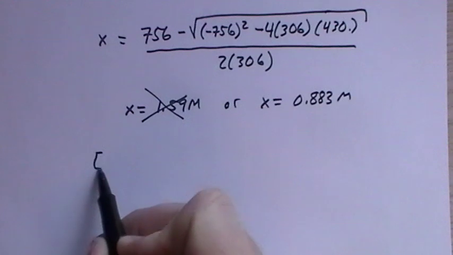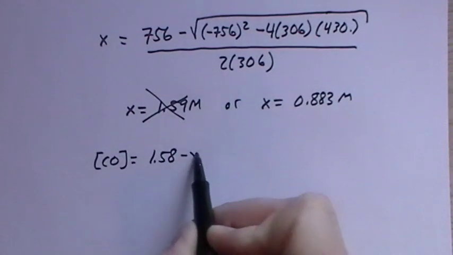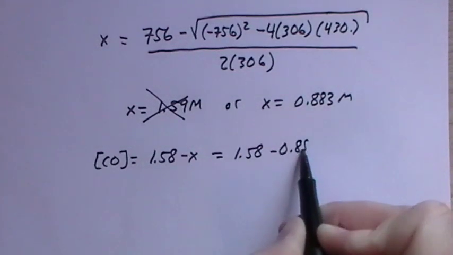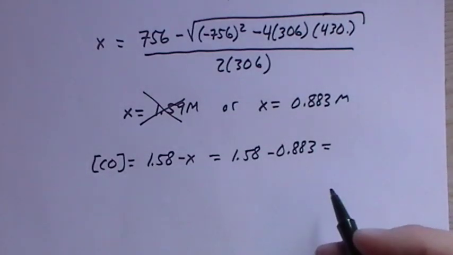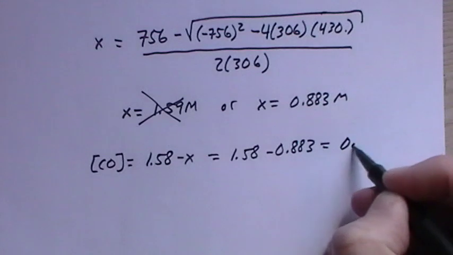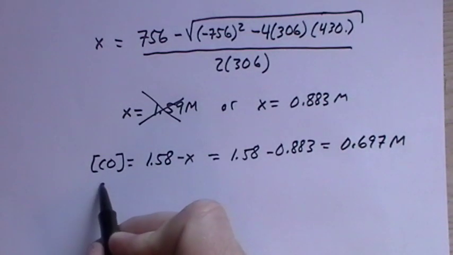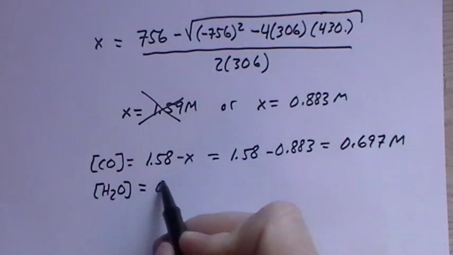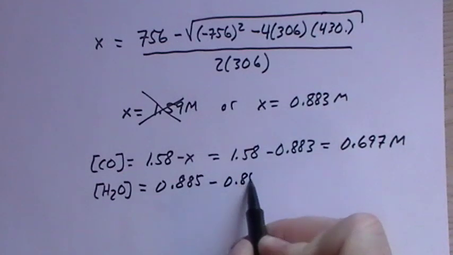So the concentration of CO, we just put them back into that original equation. We had this term, and I think I worked it through. This is going to be 0.697 molar, and then H2O is going to be 0.885 minus 0.883.